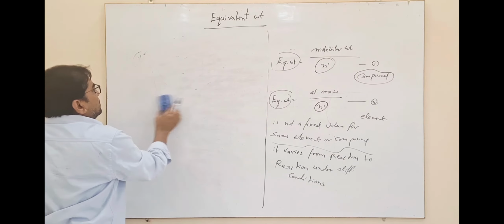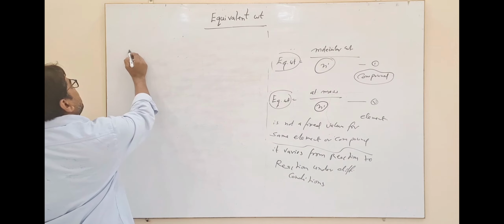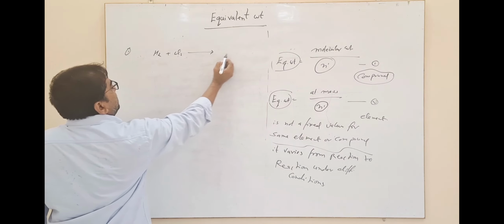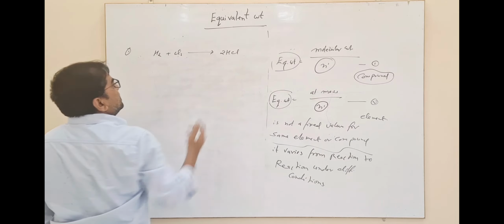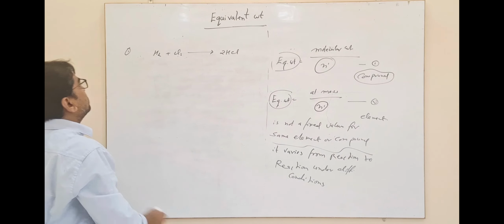Let's see one real example. Example first, like H2 plus Cl2. It gives 2HCl. A very simple example, combination of hydrogen and chlorine gives hydrogen chloride.